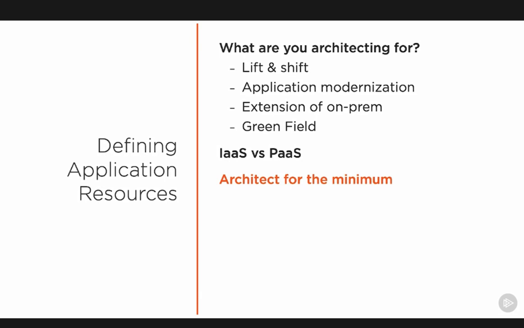This is huge. The very first thing, in my opinion, that every person should understand when they deploy their applications into a cloud environment, AWS or otherwise, is to architect for the minimum. This is where you're going to reduce your costs because you no longer have to plan for what is going to be your largest load for your application anymore.